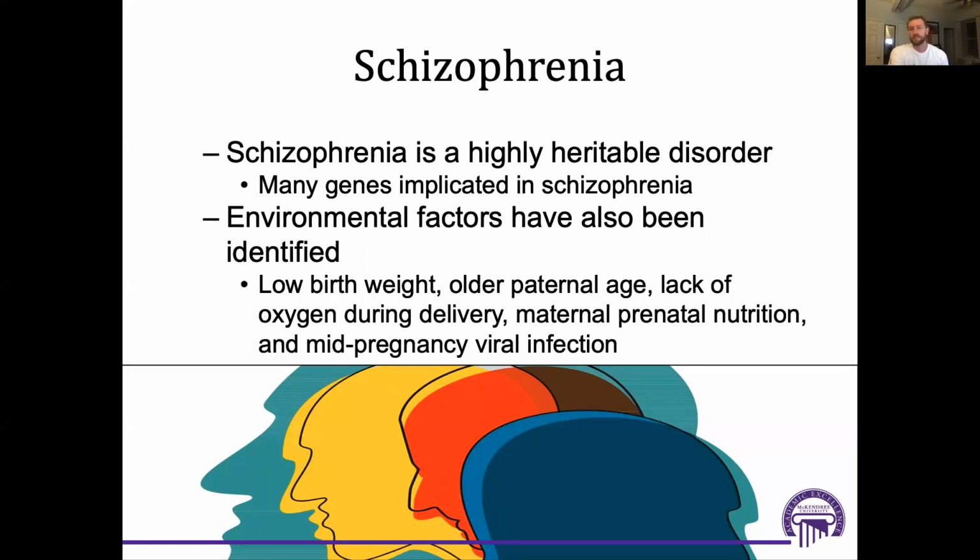These include, this is not exhaustive by any means, but low birth weight, older paternal age, lack of oxygen during delivery, maternal prenatal nutrition, and then finally, mid-pregnancy viral infection. So during the second trimester, if the mother goes on to get like the flu or something like that, that is an increased risk factor for schizophrenia.